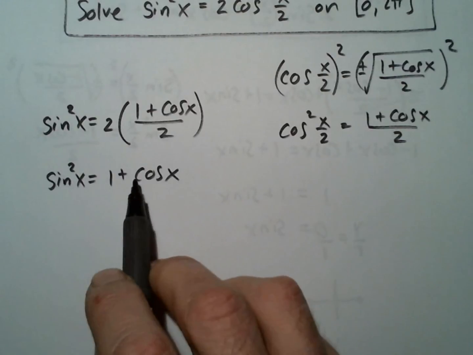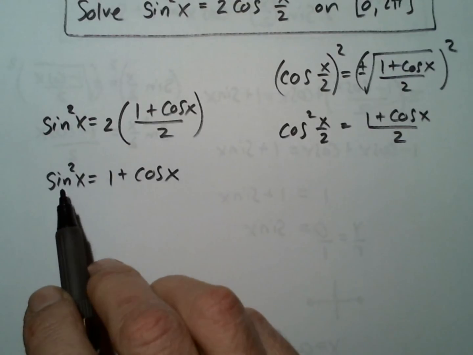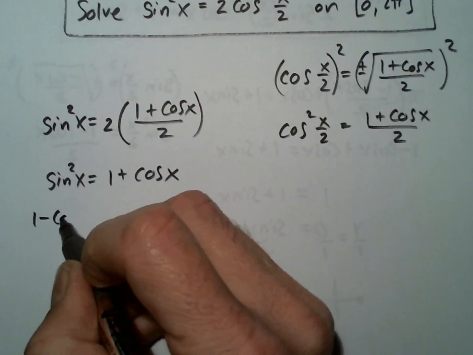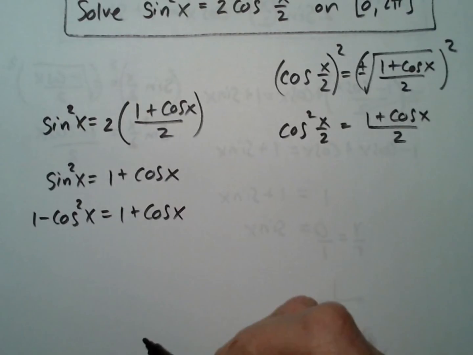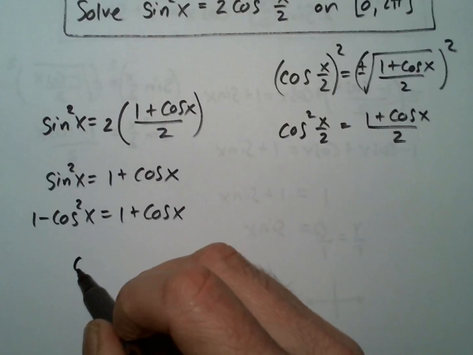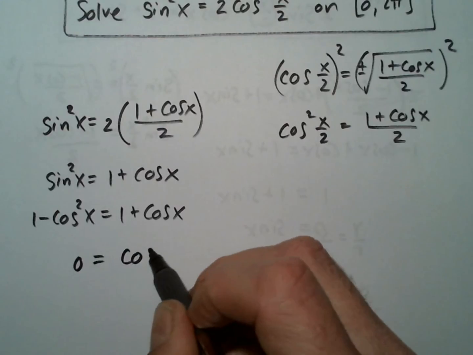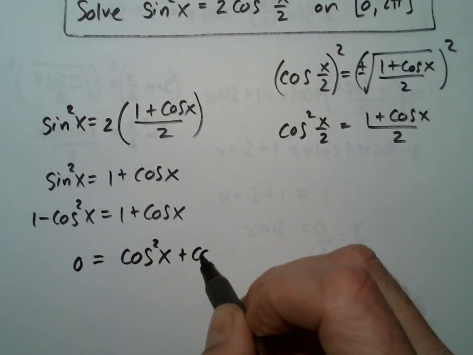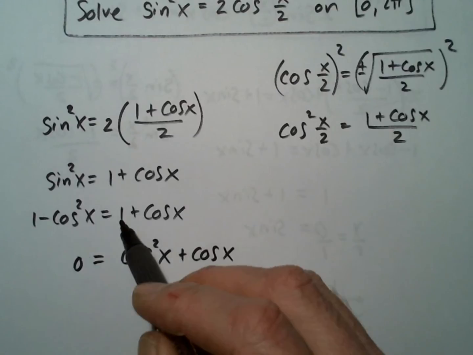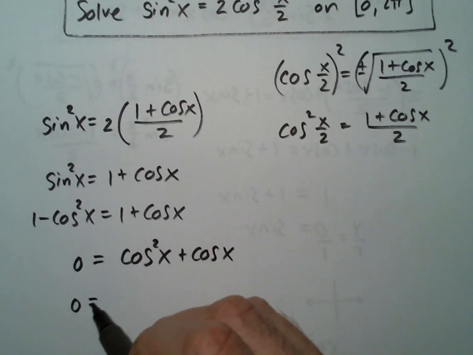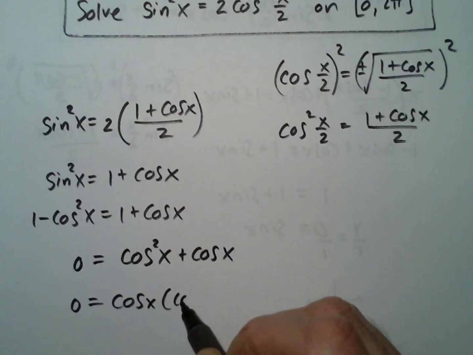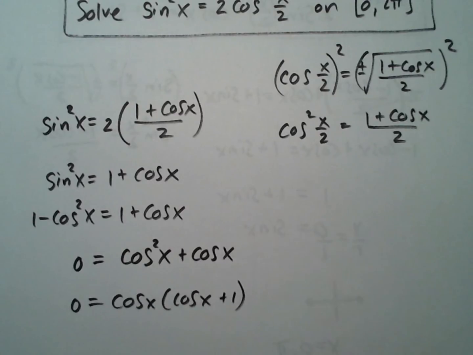Now we have the problem of having different trig functions, so let's rewrite this in terms of cosine using a Pythagorean identity. So sine squared is 1 minus cosine squared. Then we go minus 1, so that's 0. Add cosine squared, now we have that. Factor.